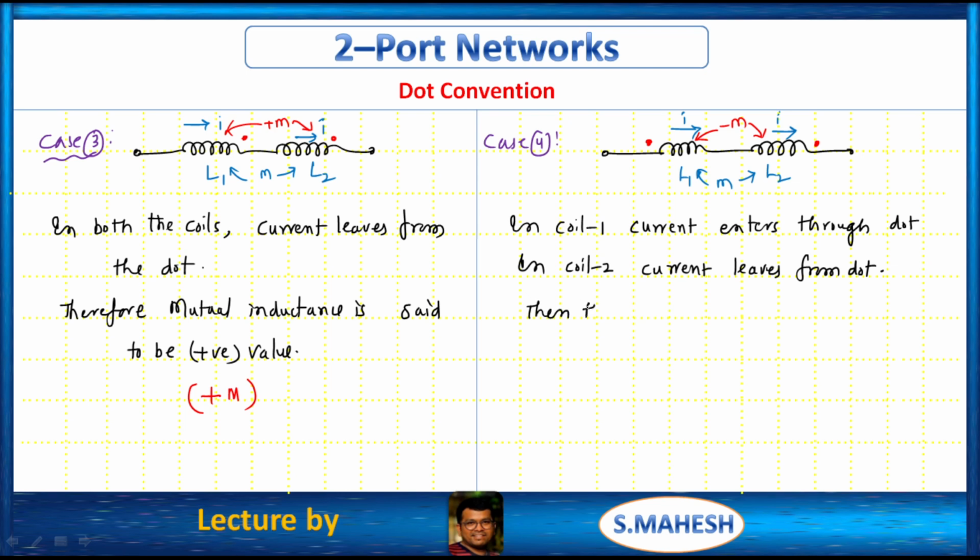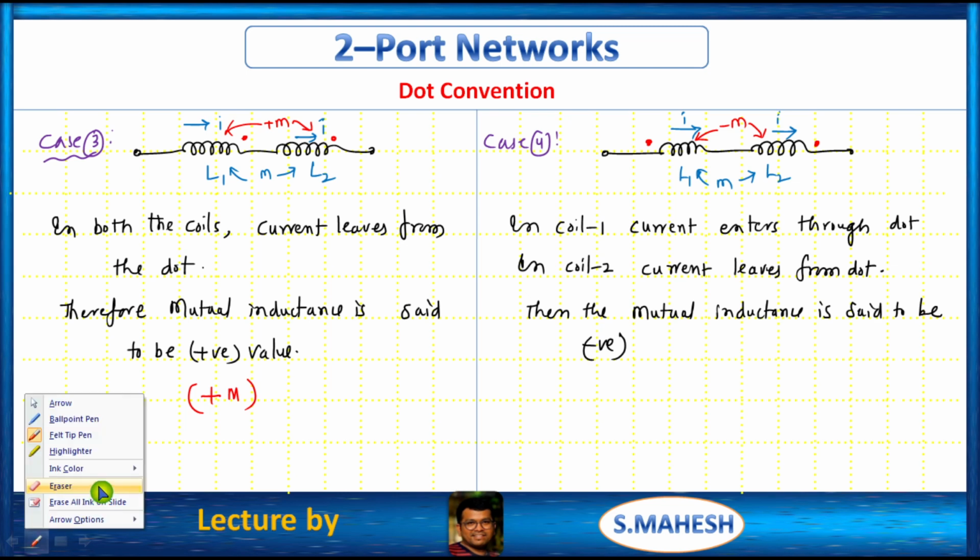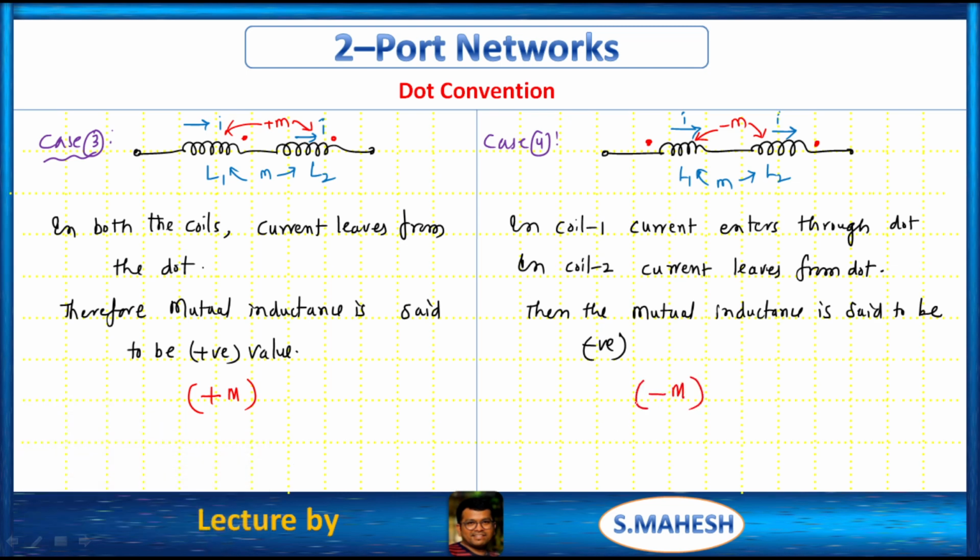Then the mutual inductance is said to be negative, right? Now we can represent it with negative M. That's it. So these are 4 important cases to represent mutual inductance between 2 coils, right?